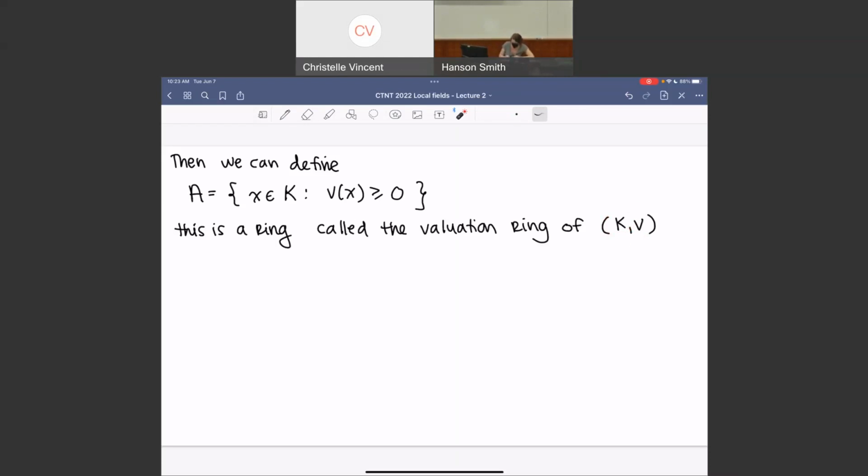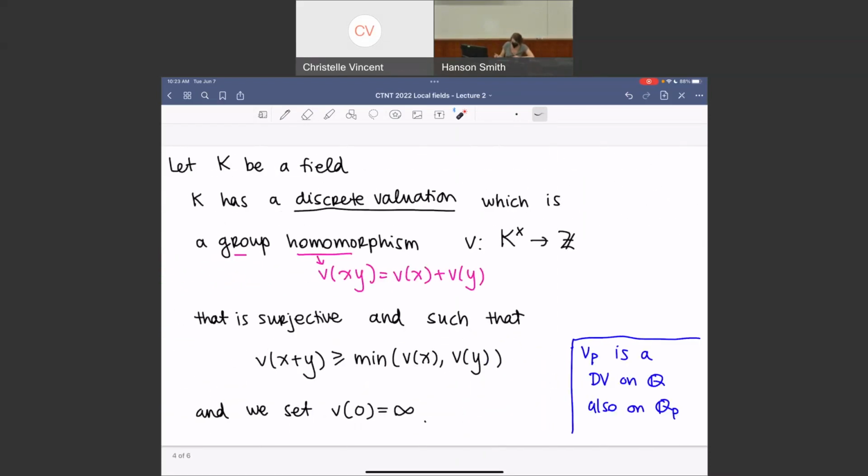Why is it a ring? If we go back to our properties, because it's a group homomorphism, if you have two numbers with non-negative valuation, when you multiply them together the valuation will only get bigger, so it will still be non-negative. And when you add them together, the valuation won't get smaller, so it'll still be non-negative.